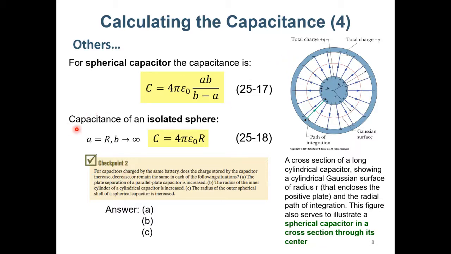So that is the capacitance of an isolated sphere with a radius R. So it is only related to the geometric size.